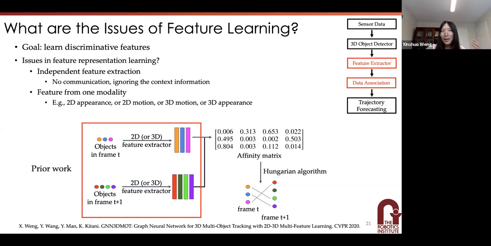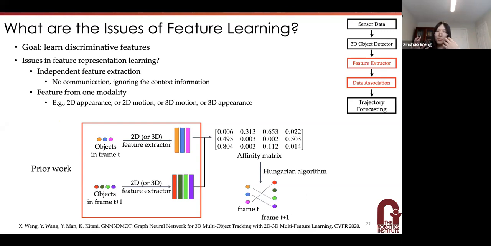The other thing is that the feature is extracted from one modality. Usually people doing 2D object tracking use 2D convolutional neural networks, so this is basically a 2D appearance feature. Sometimes people use the LSTM to extract 2D motion features. For people working on 3D multi-object tracking, to get the entire 3D coordinates or 3D trajectories, they usually use 3D motion, right? Because they have the depth information.